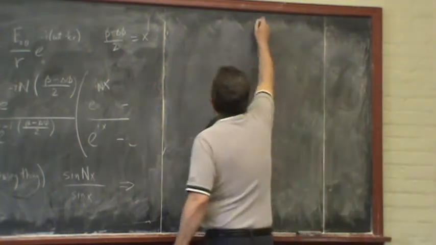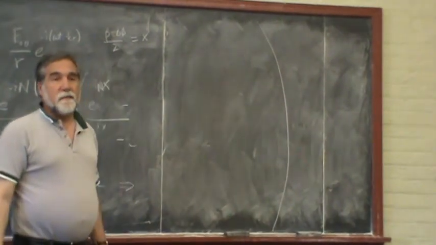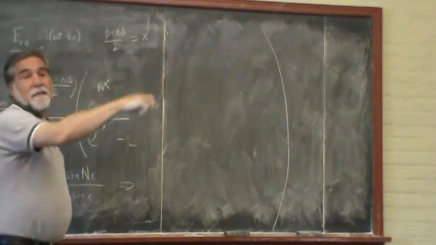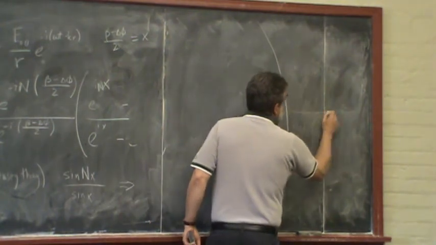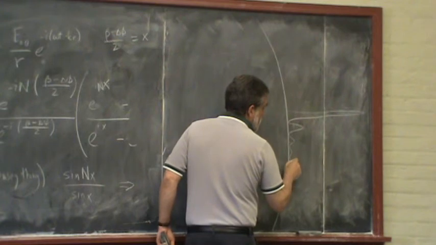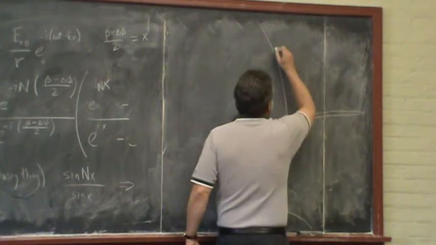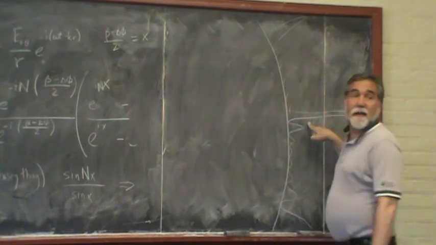I'm out here, looking at the intensity along some radius, assuming the array is small compared to the distance away. Now the intensity is really bright in the middle, and then it's really bright out over here, and there are some little lobes in here. But it's really bright right there.